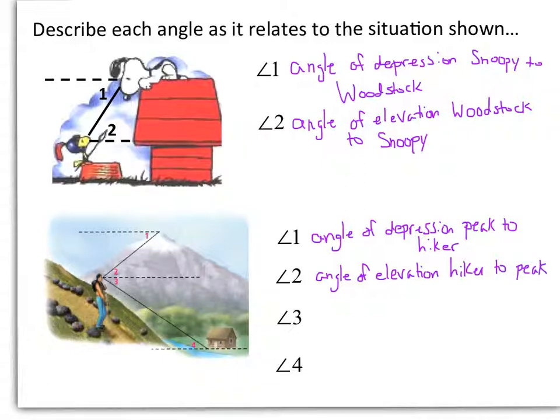Then angle 3 is an angle of depression, the hiker to the hut or the cabin.